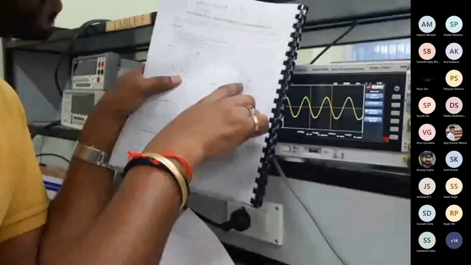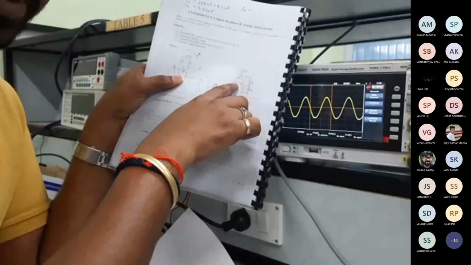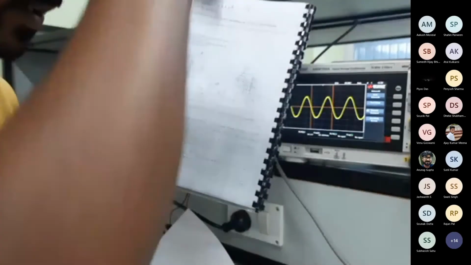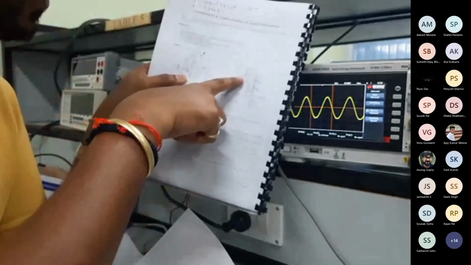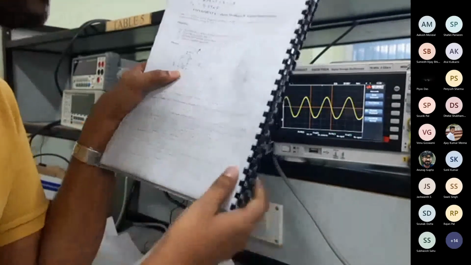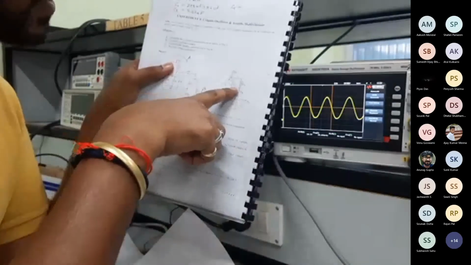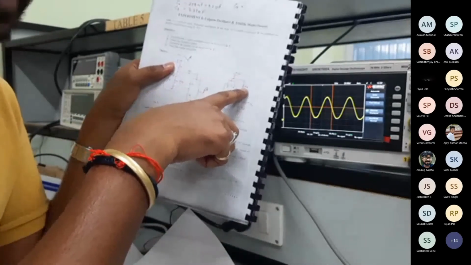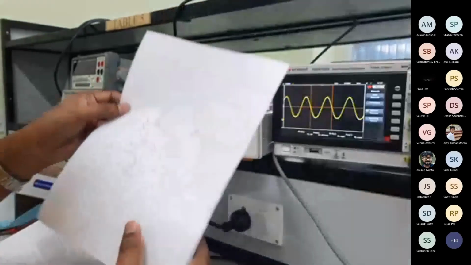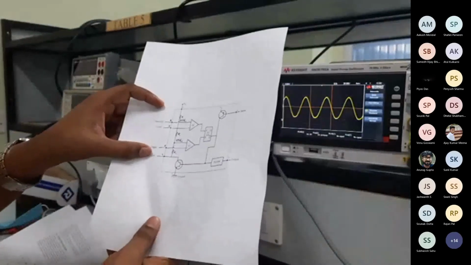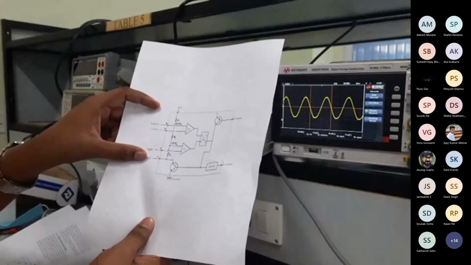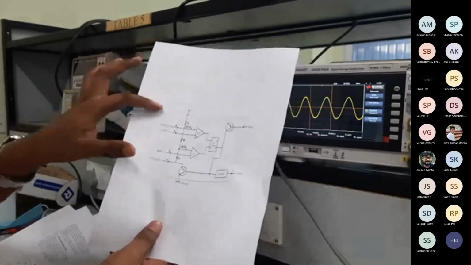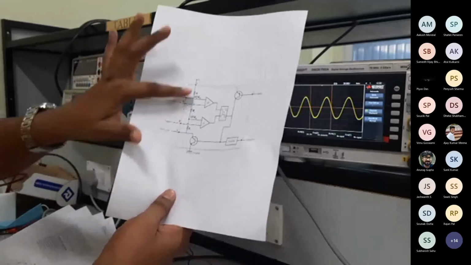You can see pin number 4 is connected to pin number 8, and pin 8 provides the reference voltage to both the comparators, that is VCC. Now pin number 7 is connected to VCC through a resistor, an external resistor, which we are calling RA. This fixes the reference voltage.